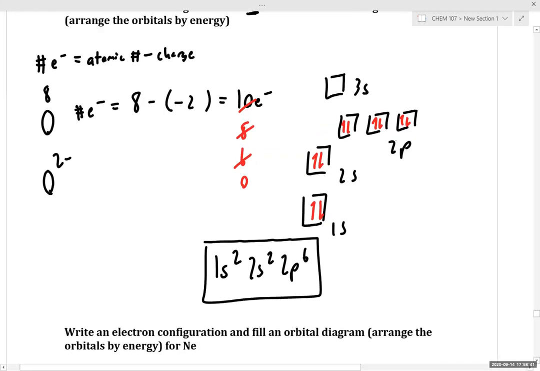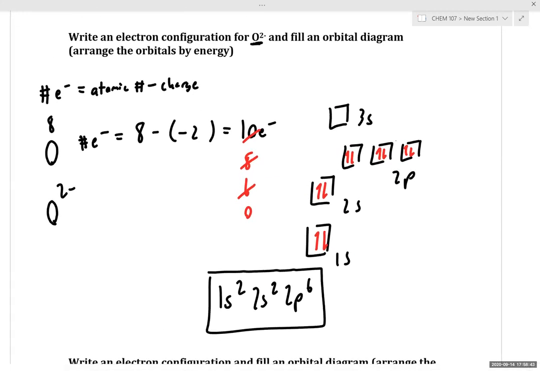Now, this will be a really key idea. Is everyone comfortable with writing out electron configurations and orbital box diagrams for ions? The only thing that's new is that you have to make sure your electron count is accurate. Does that make sense? Perfect.